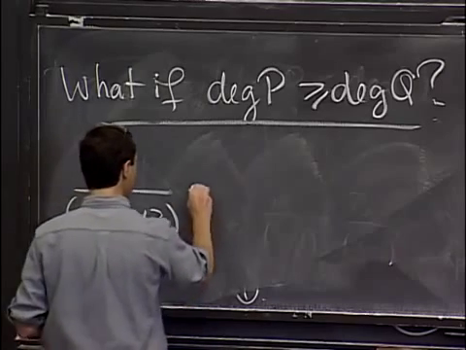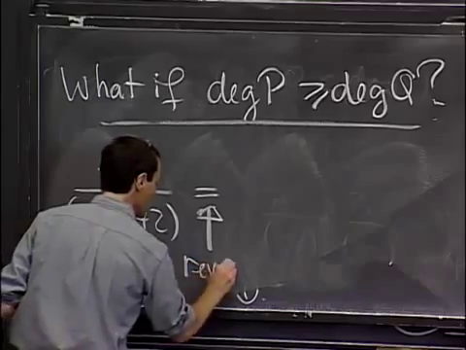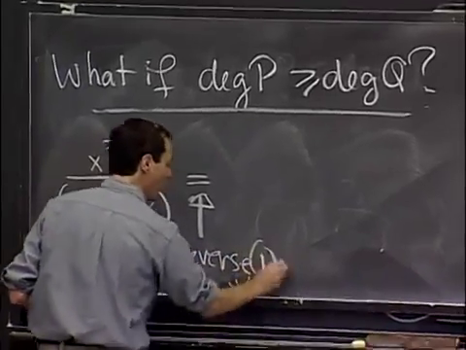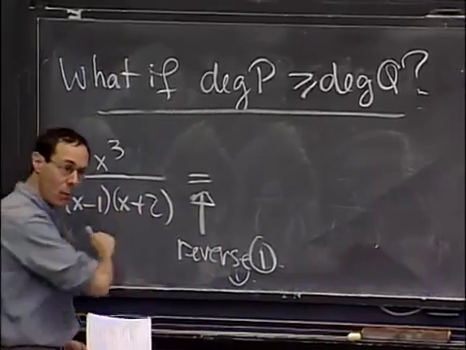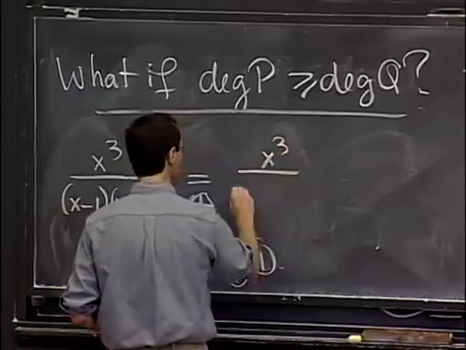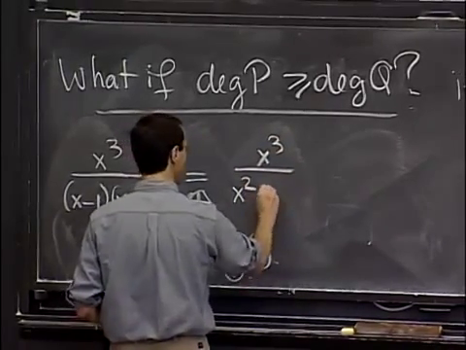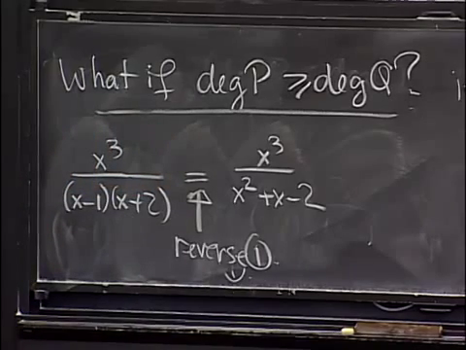And the first step that I want to carry out is to reverse step 1. That is, I don't want the factorization for what I'm going to do next. I want it multiplied out. That means I have to multiply through, so I get x squared plus x minus 2. All right, back to the starting place here.